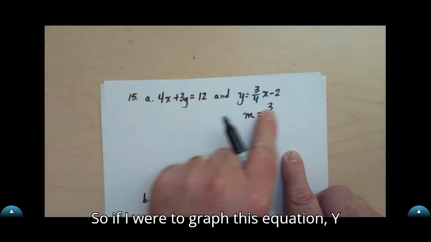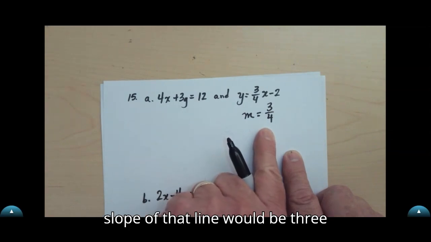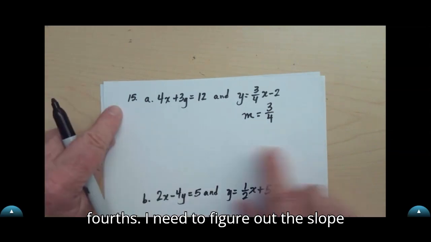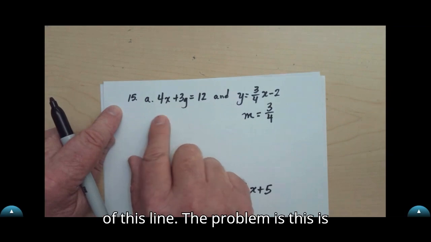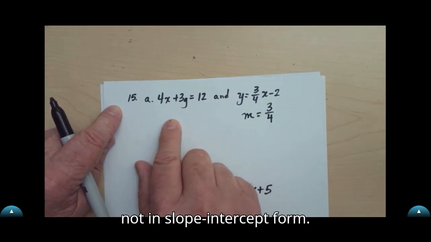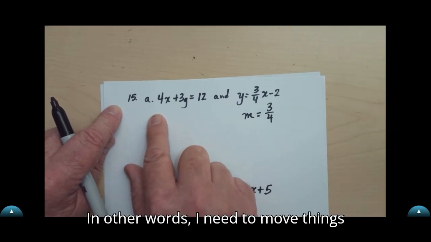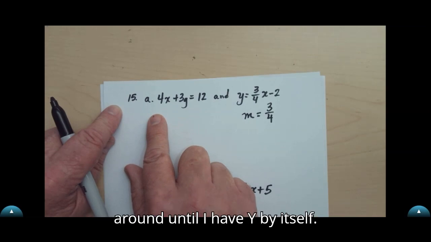So if I were to graph this equation, y equals 3/4 x minus 2, the slope of that line would be 3/4. I need to figure out the slope of this line. The problem is this is not in slope-intercept form. I need to put it in slope-intercept form. In other words, I need to move things around until I have y by itself.